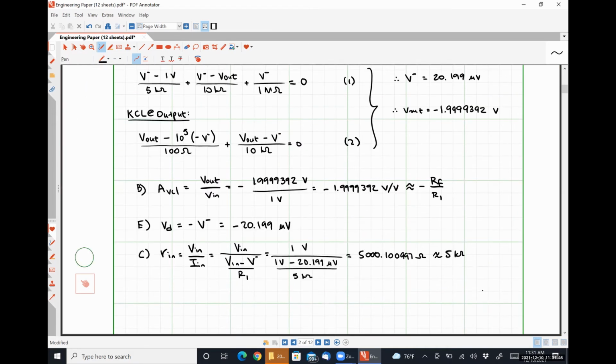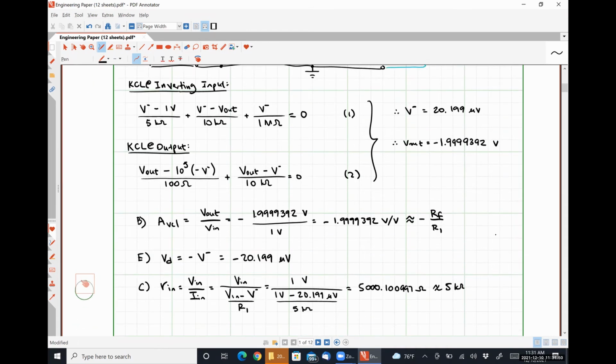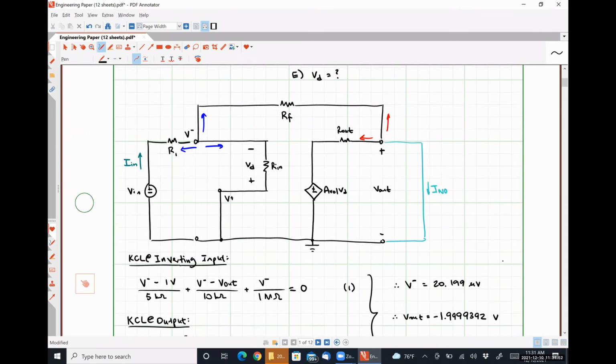And we saw that lowercase r in is approximately equal to the resistance directly connected to our input voltage source.